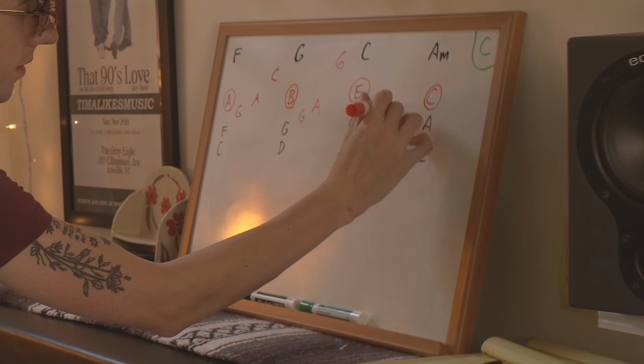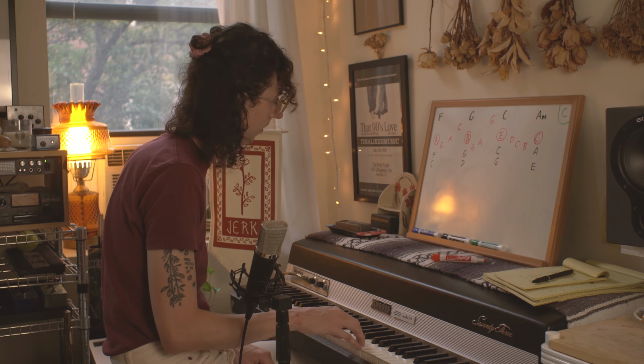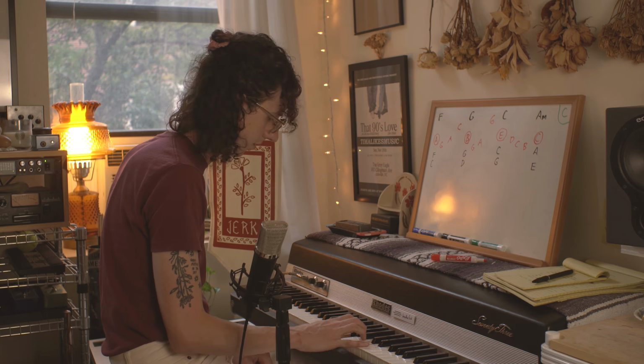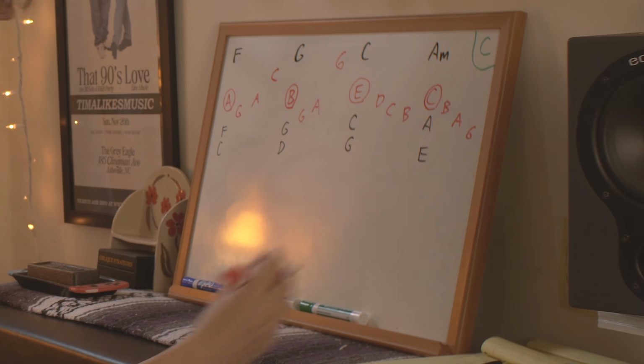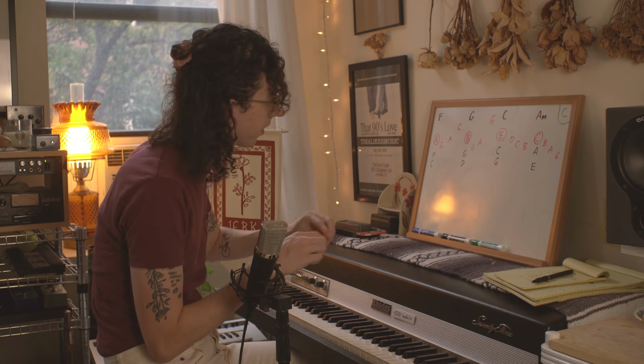E, D, C, B. So far I have... To keep it nice and simple, I could just do C, B, A, G, and then it would lead right back into the very beginning of it. So if this was for like a pop song, like a lead line, that would actually work quite well.